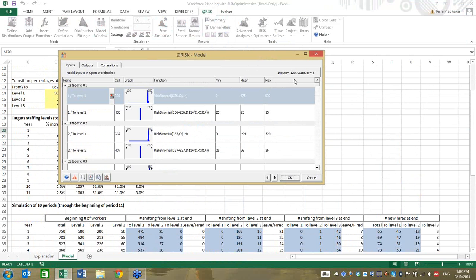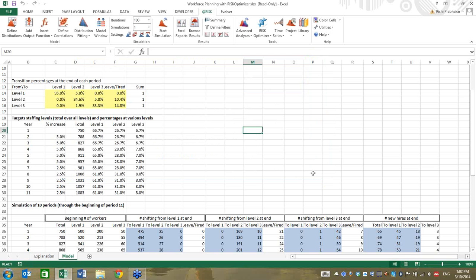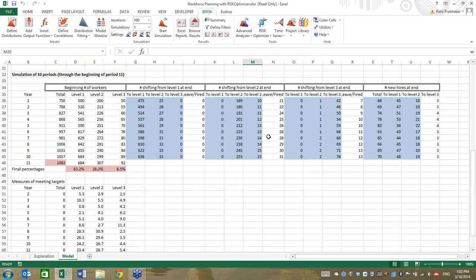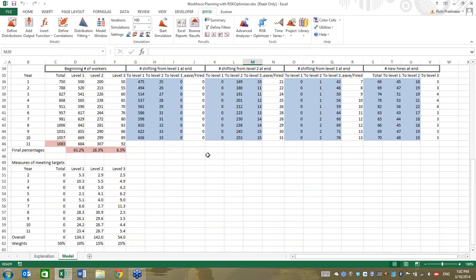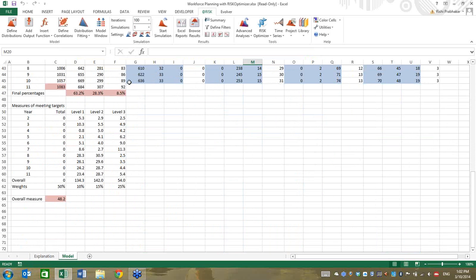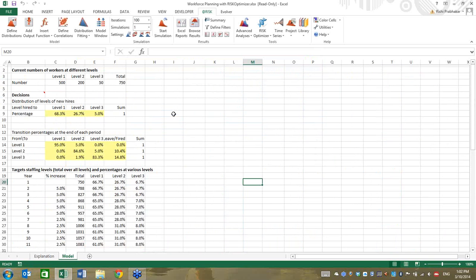So not an incredibly large probabilistic model, but certainly bigger than the other examples that we've shown you. This one has 120 pieces of uncertainty. As always, there's no limit to how much uncertainty there can be in the model, but this was, as you saw, able to rapidly improve the solution regardless.